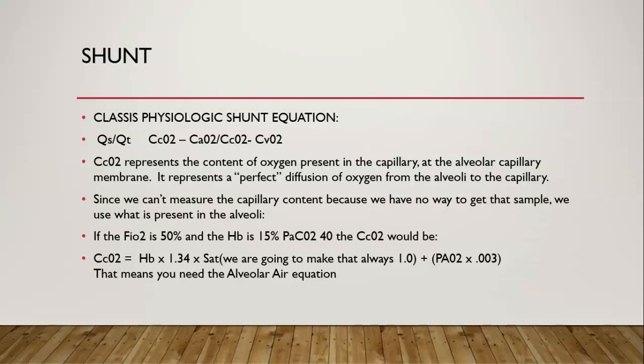We're always going to assume that 100% of it is saturated. Then we add that to the P big A O2 times 0.003. So the big A is what? Alveolar. The alveolar O2. So that means we need our alveolar air equation.